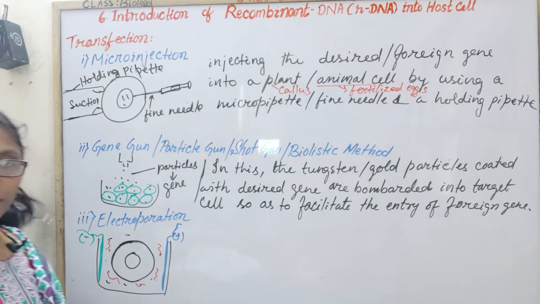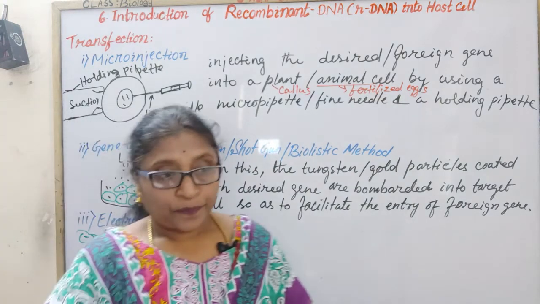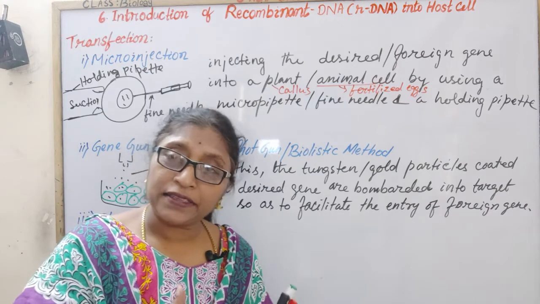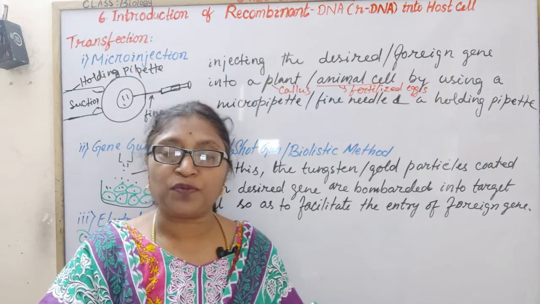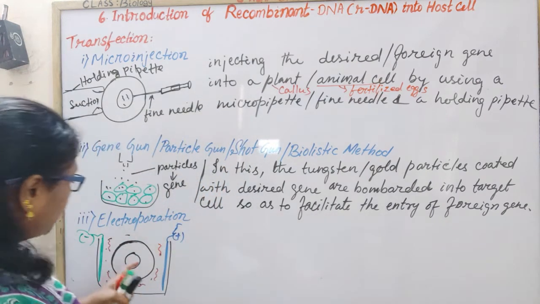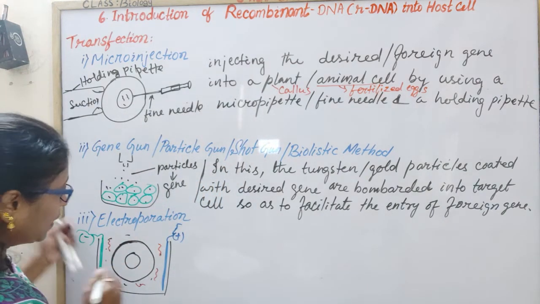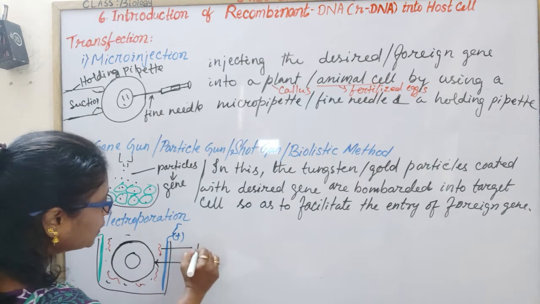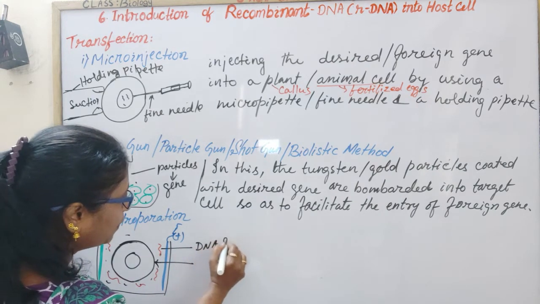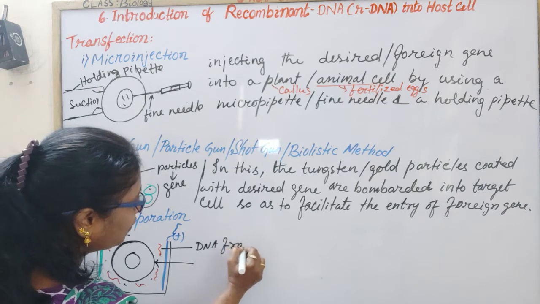Electroporation. What is electroporation? Generally it is used for plant cells, where the cell wall is removed, the protoplast. This is the protoplast, and these are the DNA fragments, the desired or foreign DNA fragment.